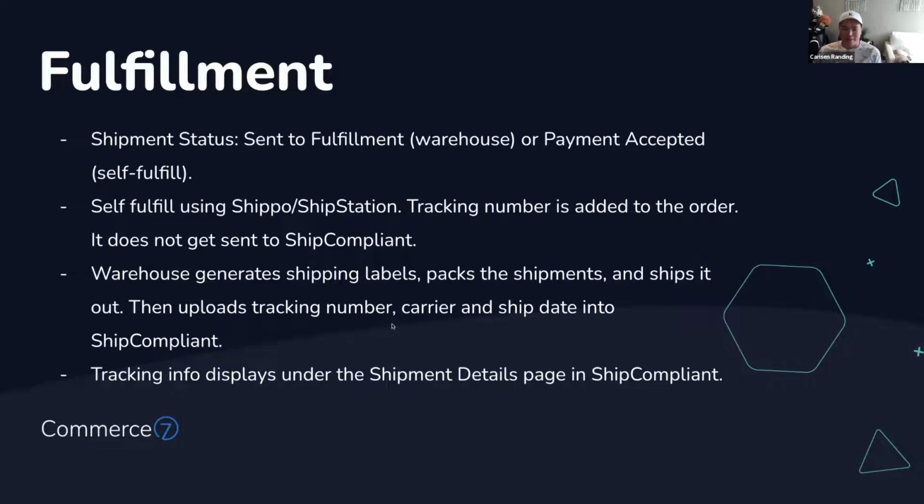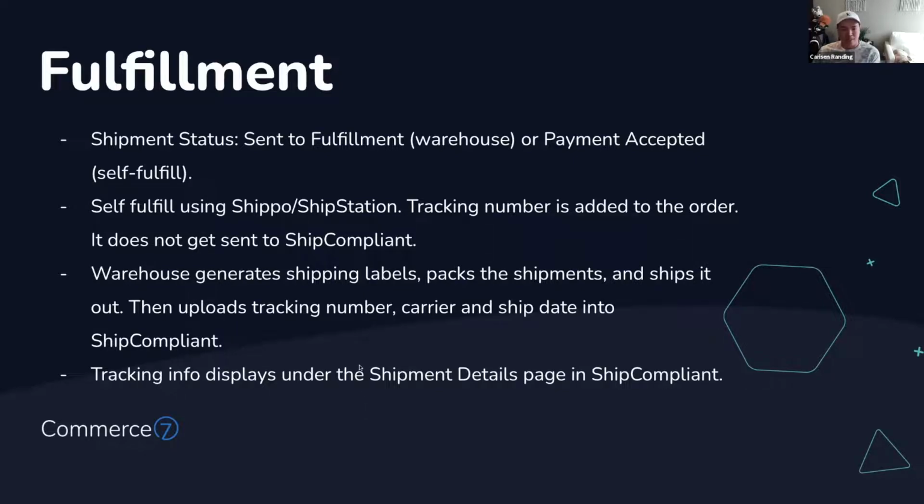And you can see that in your ShipCompliant order shipment details page. You'll see a tracking number and carrier and ship date to indicate that your fulfillment warehouse has shipped that wine out and has uploaded tracking information into your ShipCompliant account.